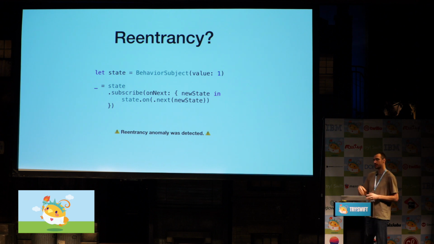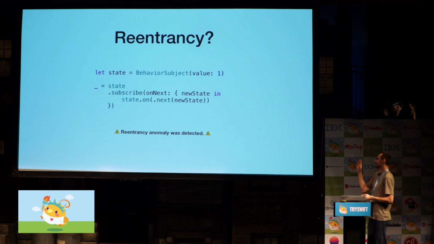There's a Wikipedia definition you can check, but here is a simple example of how you can create reentrancy issues. You have some kind of state, you're observing that state, and when a new value arrives, you immediately change the state. So this state fires a new event, you send the next event, and this will probably crash with a stack overflow really soon.